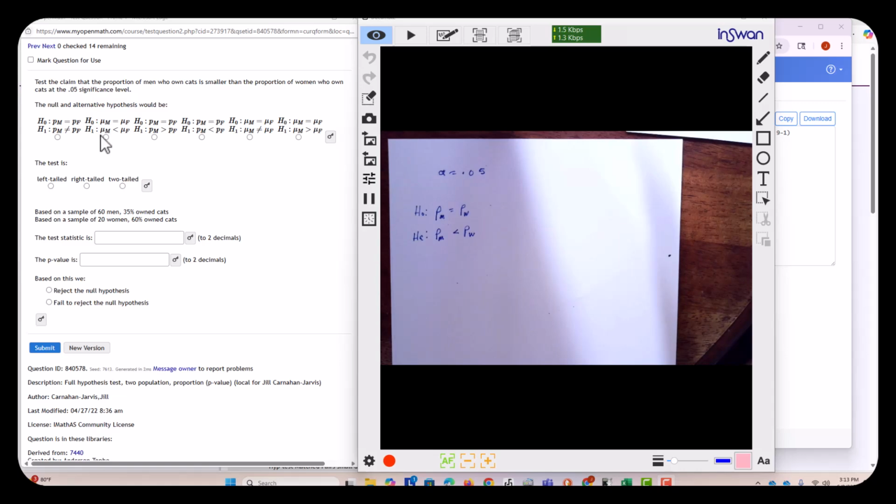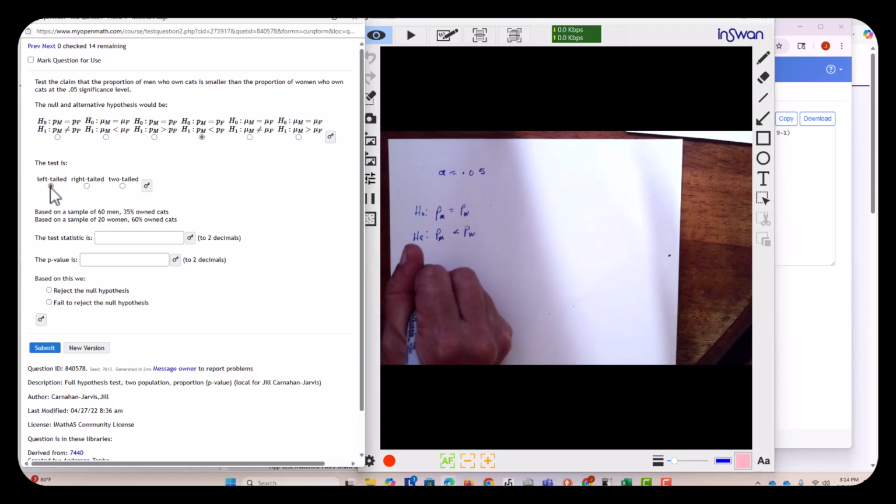It's not going to be mu's here, so we're testing proportions. So it's a less than, so it's a left tail test.